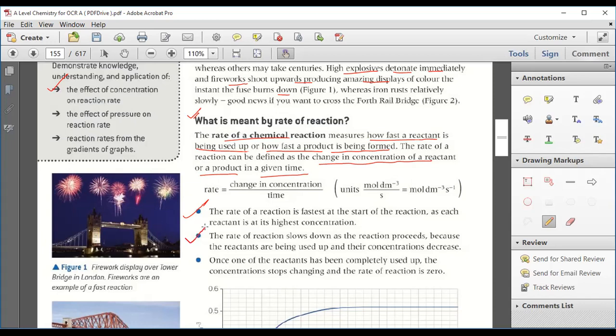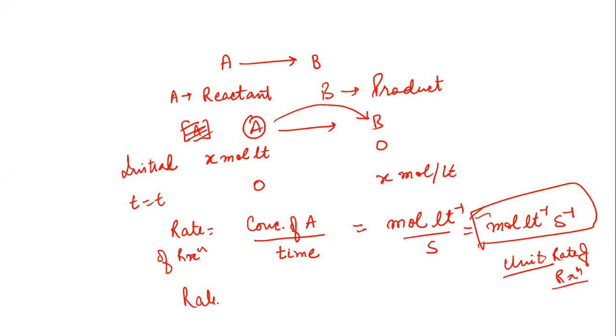Always remember that the rate of reaction slows down as the reaction proceeds because the concentration of reactant will decrease. So always remember that rate of reaction is directly proportional to concentration of reactant.